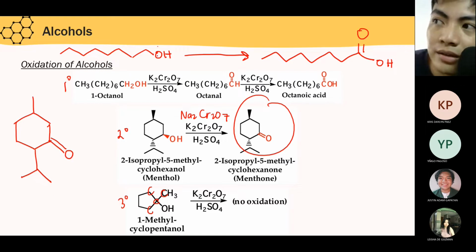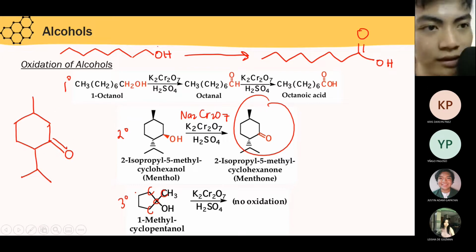Kapag primary, dugtungan mo lang yung carbon na yun ng double bond O. Carboxylic acid na yun. Pag secondary, yung OH, tanggalin mo lang hydrogen, lagyan mo ng double bond, tapos ka na doon. Pag tertiary, walang reaction. Okay? So those are the reactions of our alcohols.